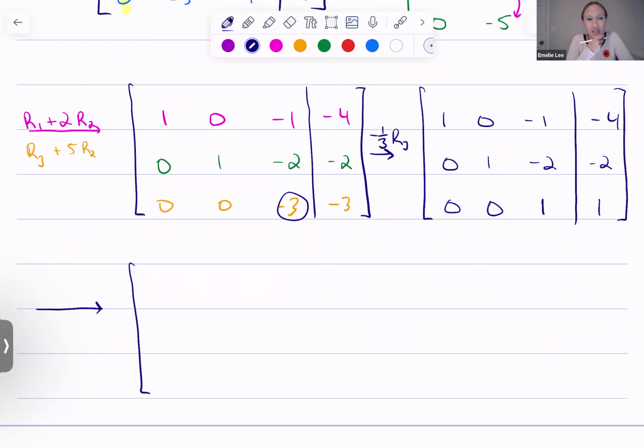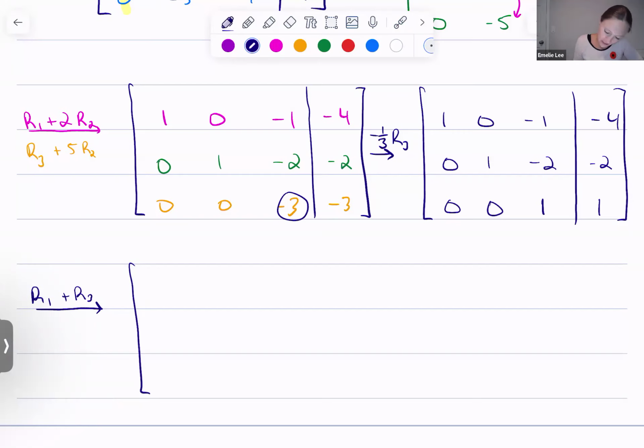Again, I'm going to manipulate row 1 and row 2 on the same arrow. For row 1, I have -1. So if I have -1 plus 1, then I get to 0. So it's going to be row 1 plus row 3.